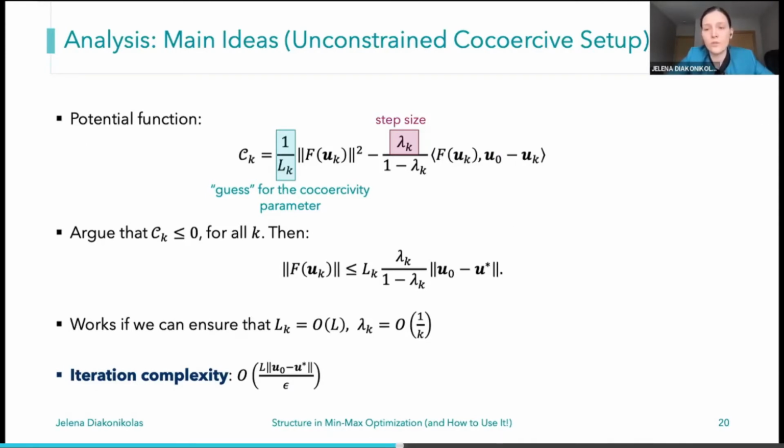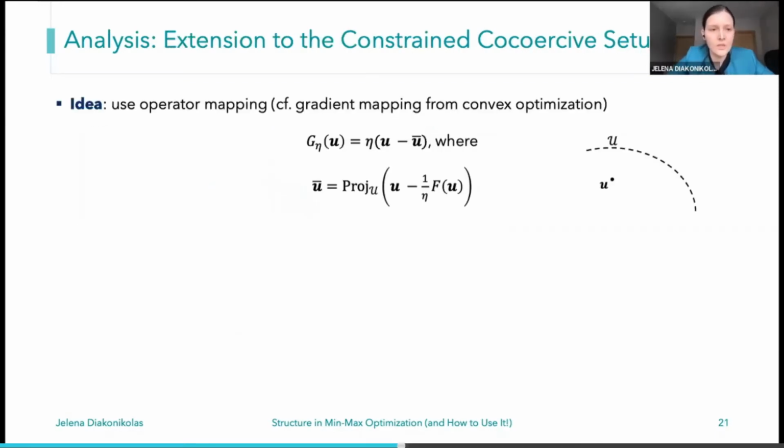For the constrained setup, you would do what some of you would guess, which is to use something known as operator mapping, or also natural mapping. If you have seen gradient mapping in convex optimization, it's kind of the same thing. It generalizes a type of gradient step to constrained setups.